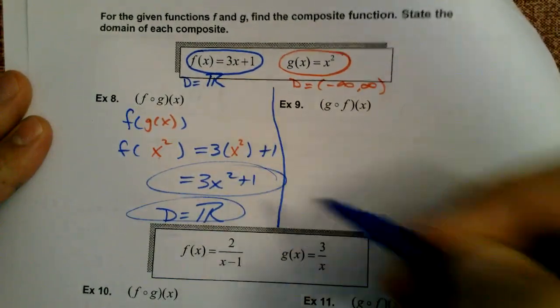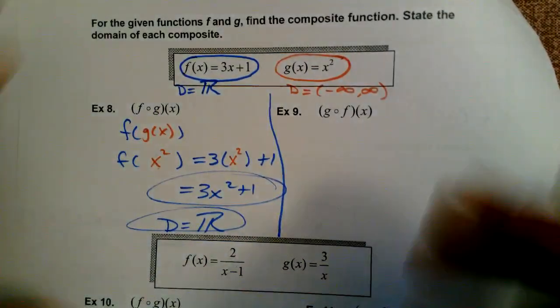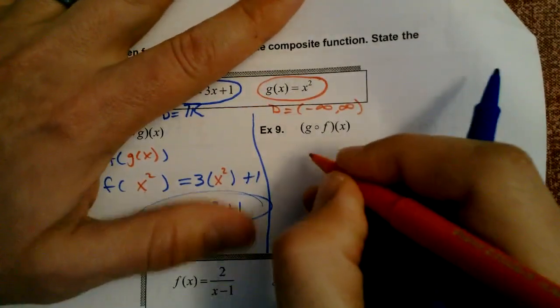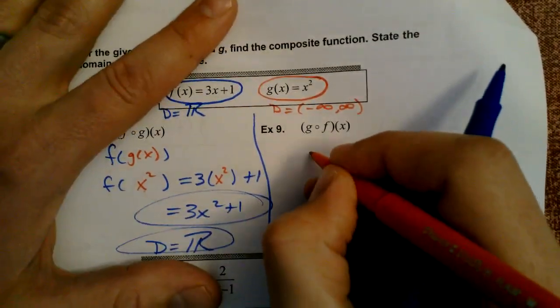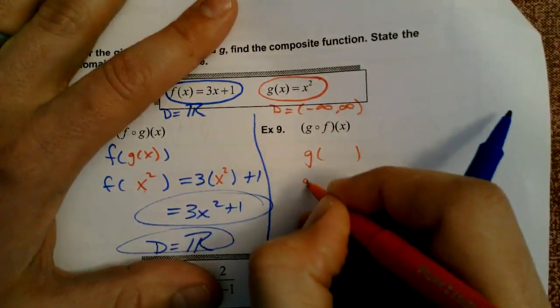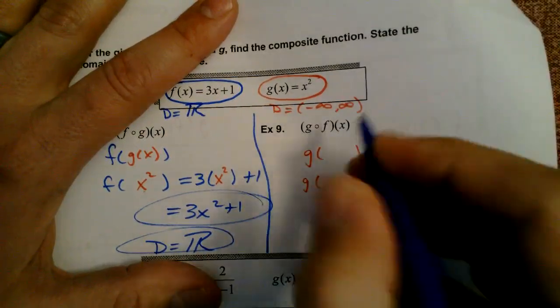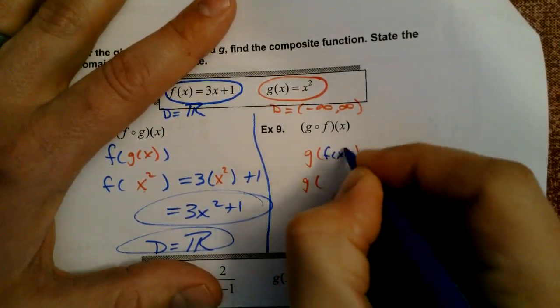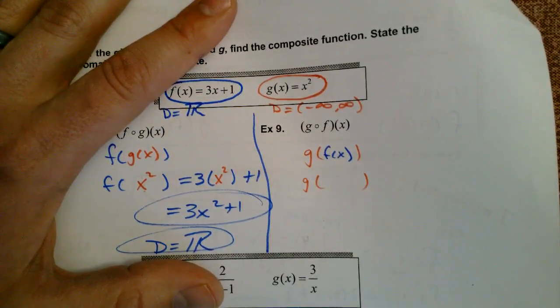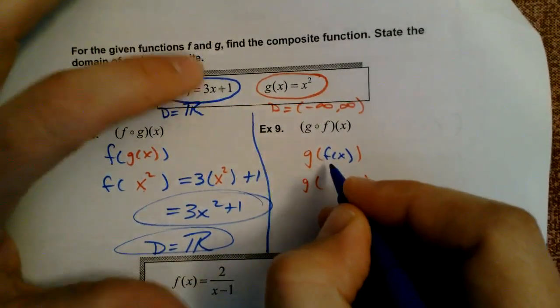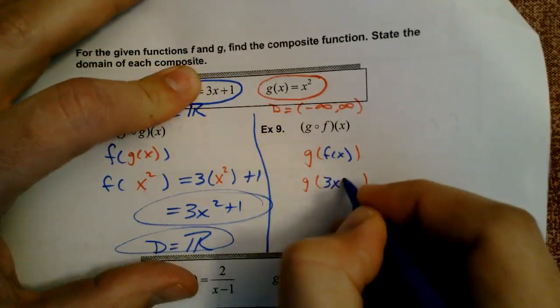All right, let's look at number 9. Now I'm doing g of f of x. When I do g of f of x, I like to write it this way. I just prefer how it looks. To me, this makes more sense. My input is f of x, which is this guy, 3x plus 1.